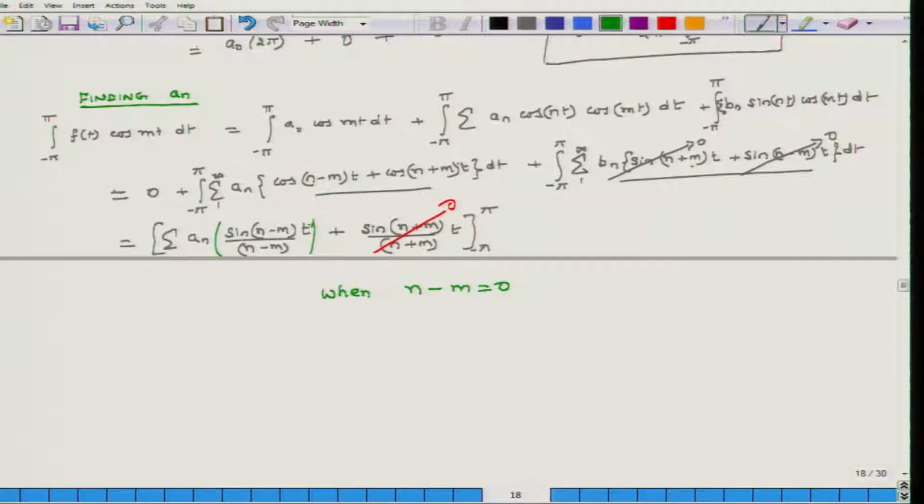What will happen to the numerator? The numerator is always 0. Let us say n is equal to 2, m is equal to 1: sine of pi minus sine of minus pi will be 0. So, this green term is 0.